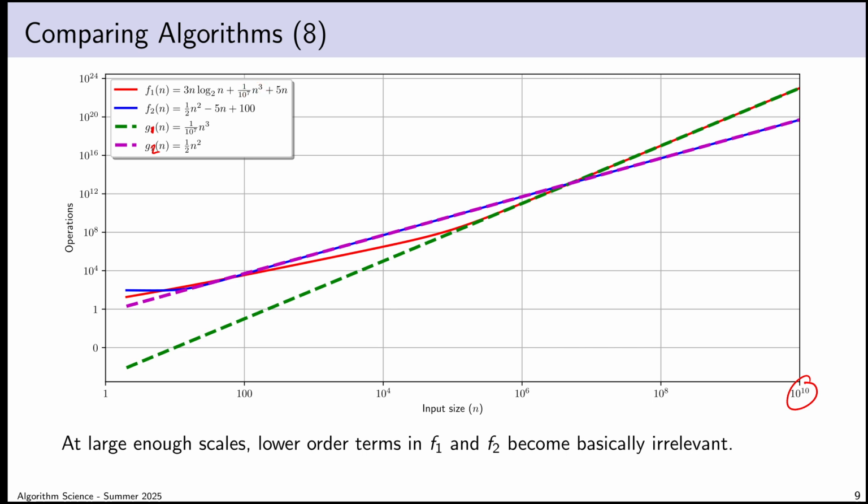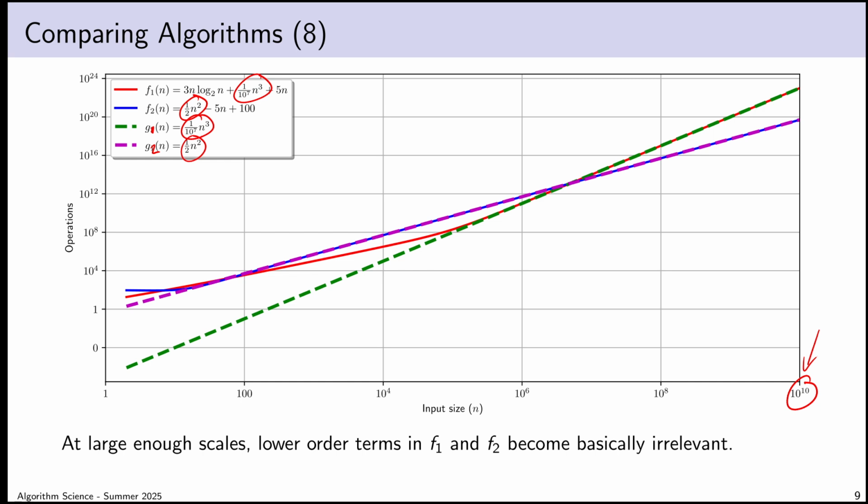So you can see that the dominant term, I claim at least, in F1 is this term involving n cubed. And the dominant term in F2, again, according to me, is this term involving n squared. I've plotted those by themselves, the green line and the purple line. What you'll notice is, even at this scale, so 10 to the 10 is a respectably large number, but it's not as massive as some of the numbers we saw last time.